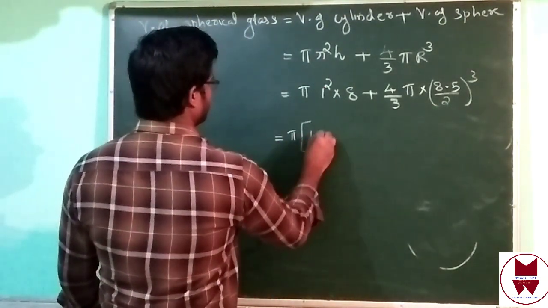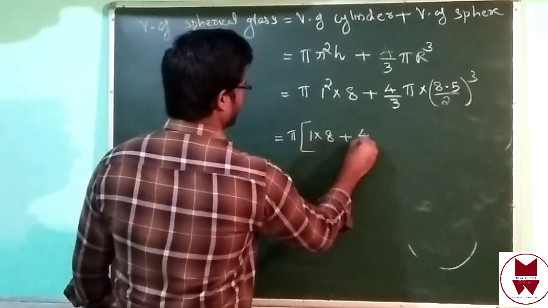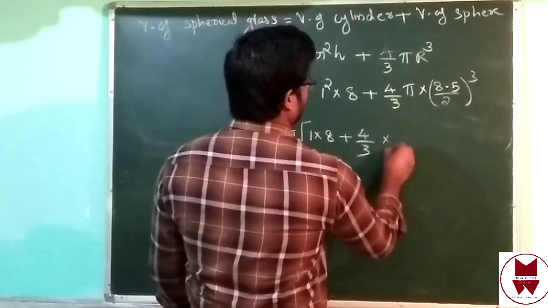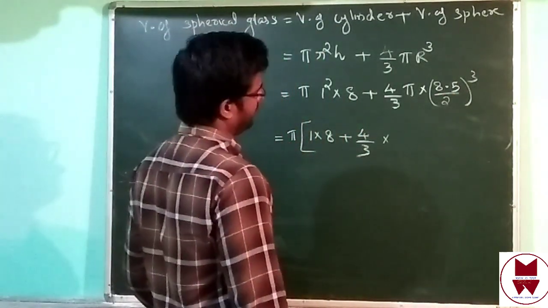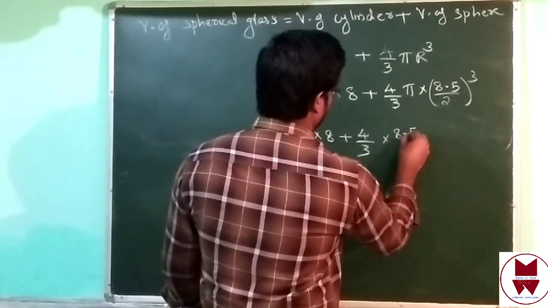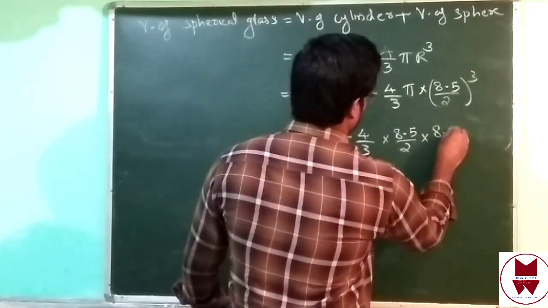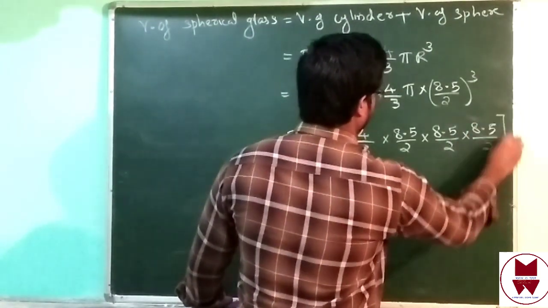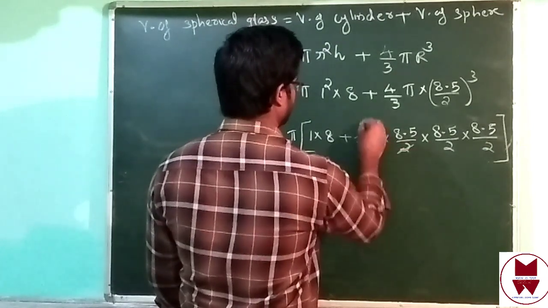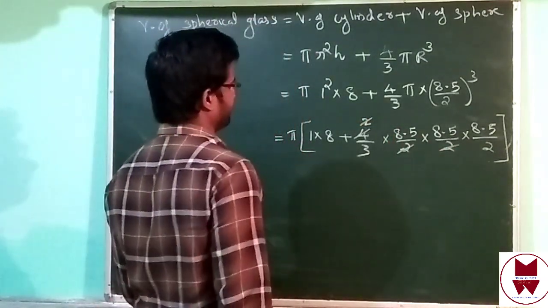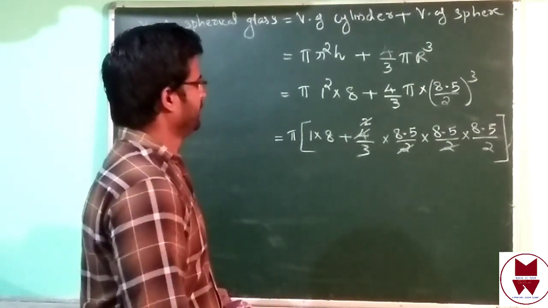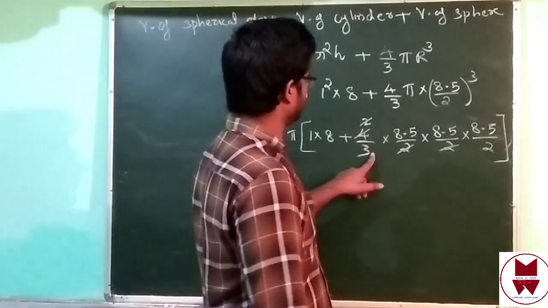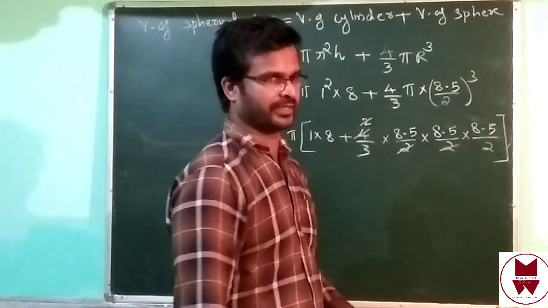Then 1 square is 1 into 8 plus 4 by 3 into 8.5 divided by 2 all cube. You can write 8.5 divided by 2 into 8.5 divided by 2 into 8.5 divided by 2. 4 and 2, 2 times 2, and 2 cancel. Then 8.5 and 3, can we cancel? We cannot cancel, isn't it?